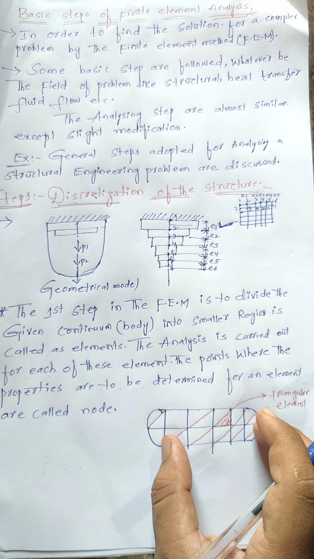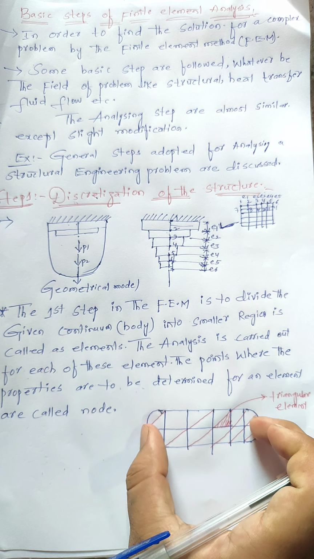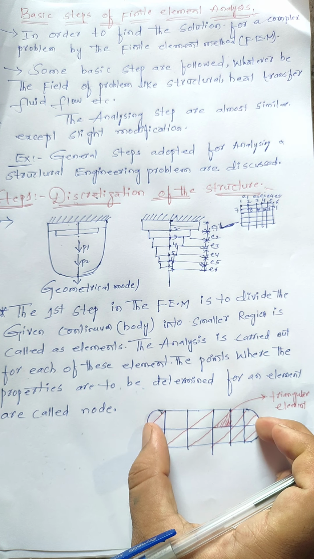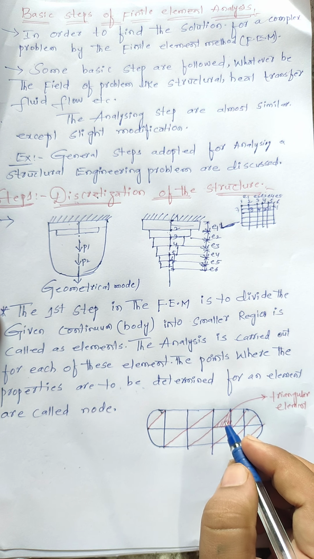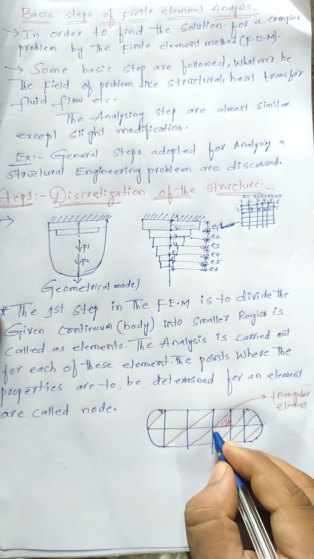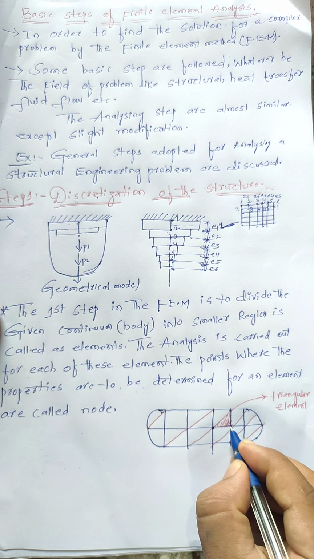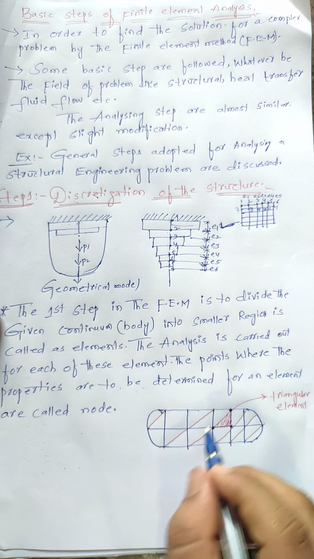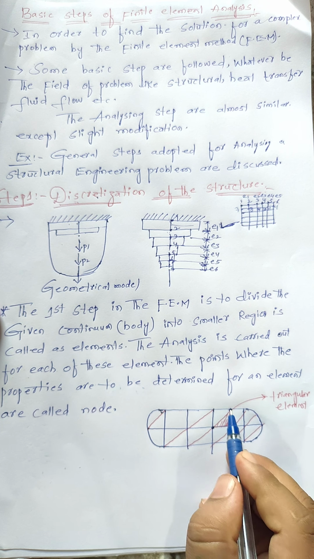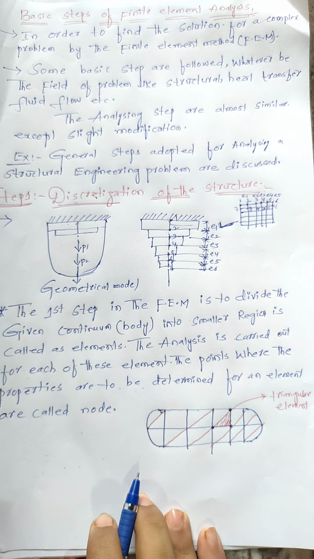The element taken is a 2-dimension element, a 2D triangular element. This triangular element has how many nodes? First node, second node and third node, and each node has 2 degrees of freedom. How? Let us see over here.